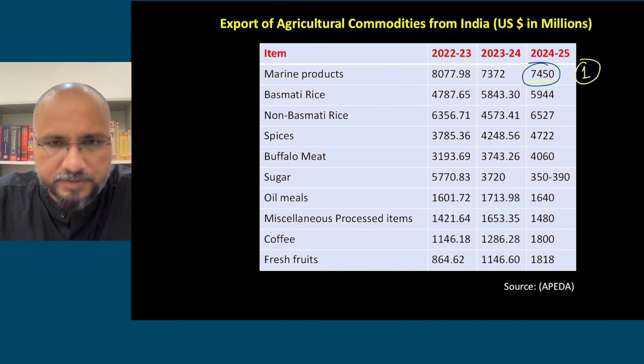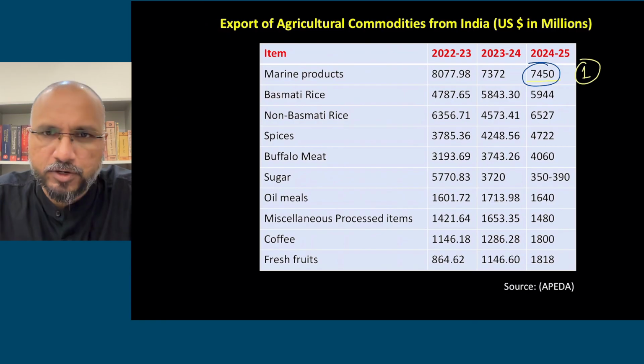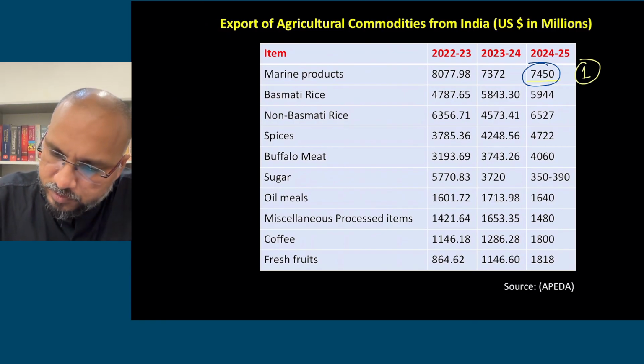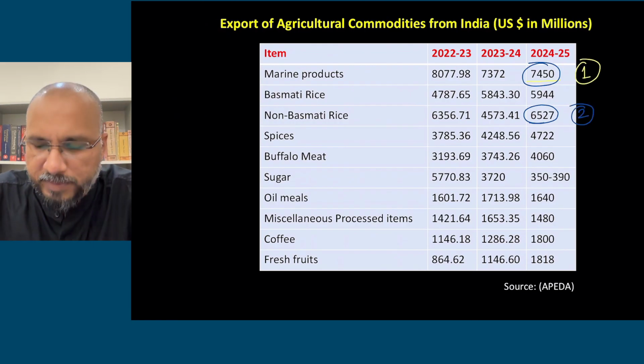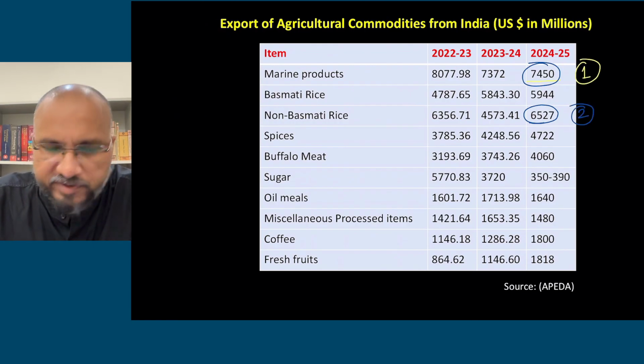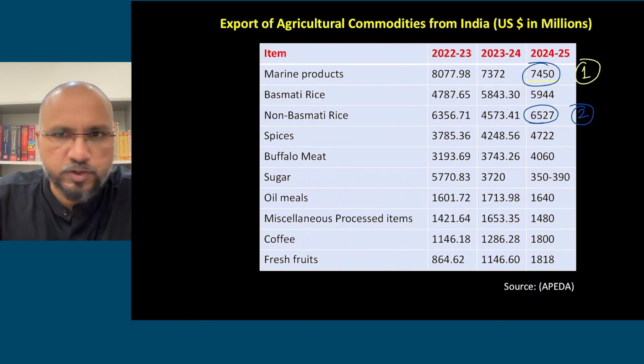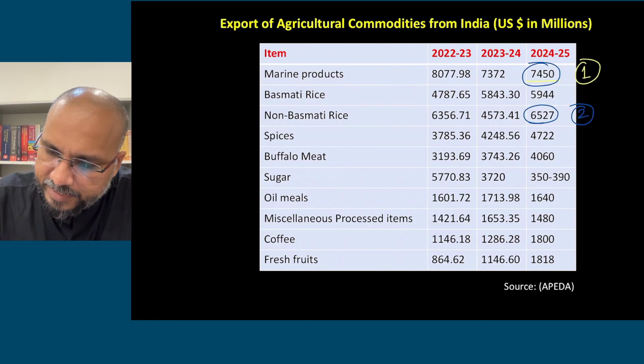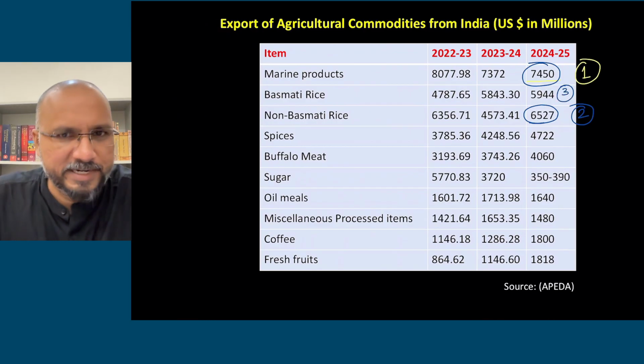Then the second one is generally basmati or non-basmati rice. You can see the second rank goes to non-basmati rice. Previously it was basmati, so it will be one of these two, either basmati or non-basmati. Second rank this year goes to non-basmati. Third is basmati. After that we have spices, buffalo meat, and so on.